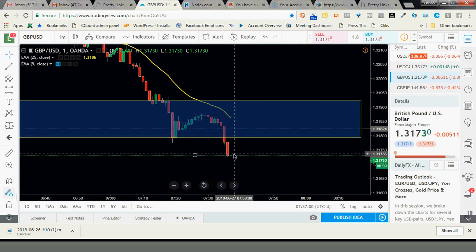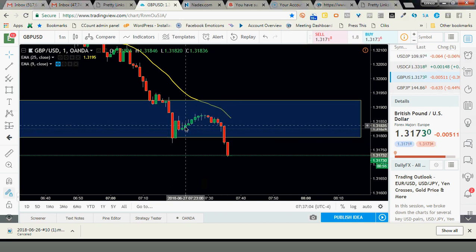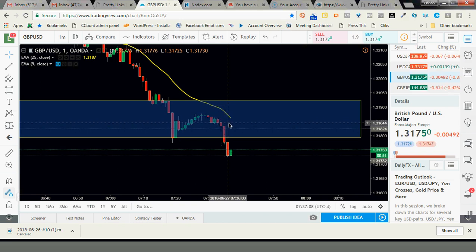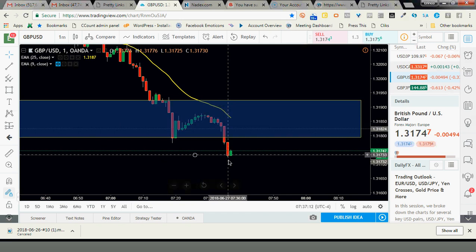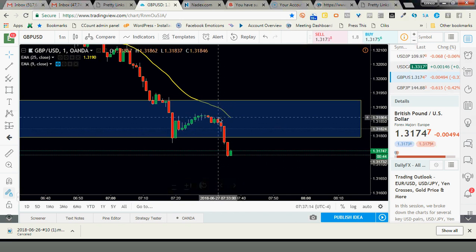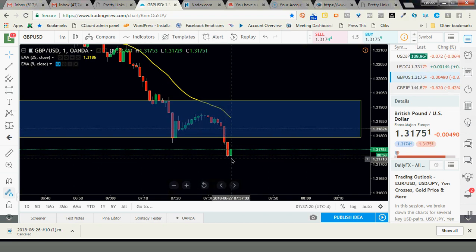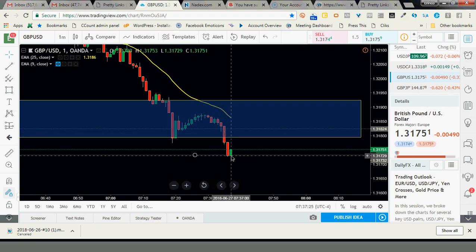You see the level of acceleration that happened? Everything else was pretty slow, then it grew in acceleration to come out of our box, giving a hard nod to the bears, right? It's saying we bears are really strong and we're ready to tear this club up.